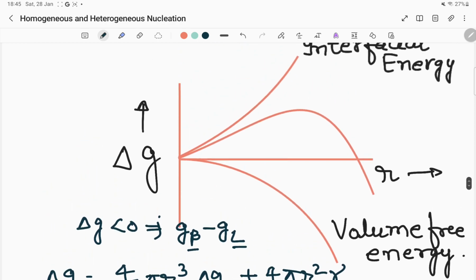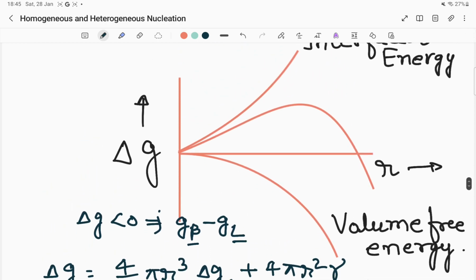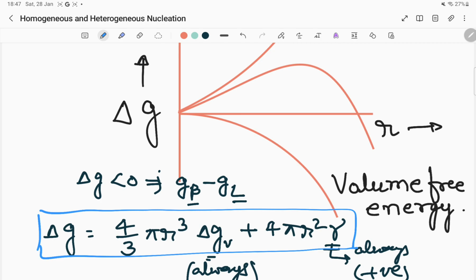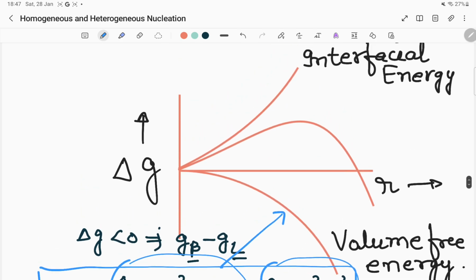Okay, now we will see how we can see this volume change in case of solidification from delta G versus R. So this equation of solidification from liquid to solid will be considered from this. In this curve we will see that this first term contributes to this curve, that is volume free energy, and the second term, which is area into interfacial energy, will contribute to this curve.